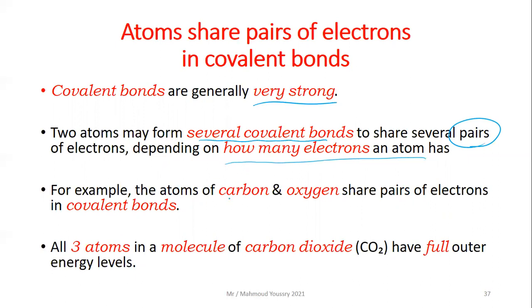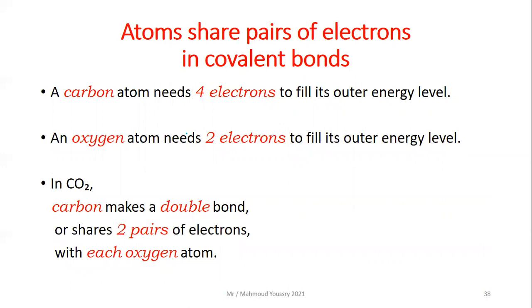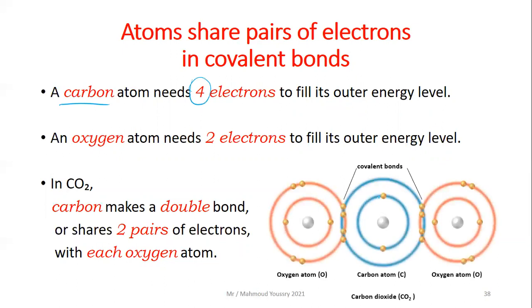For example, the atoms of carbon and oxygen in the molecule of carbon dioxide share pairs of electrons in covalent bonds. All three atoms in a molecule of carbon dioxide, CO2, have a full outermost energy level. The carbon atom needs 4 electrons to fill its outer energy level, and an oxygen atom needs 2 electrons.